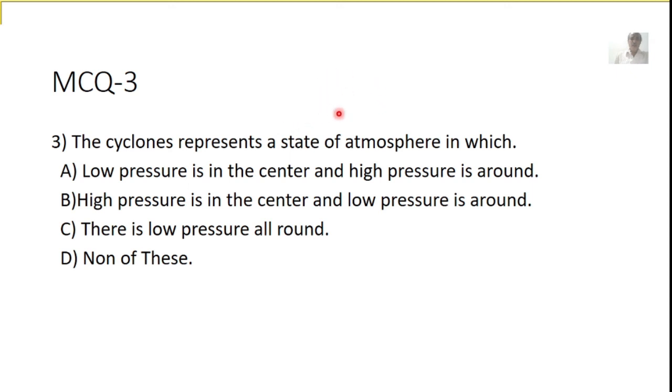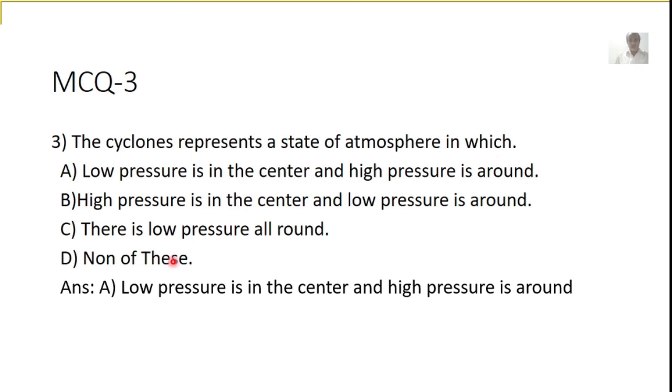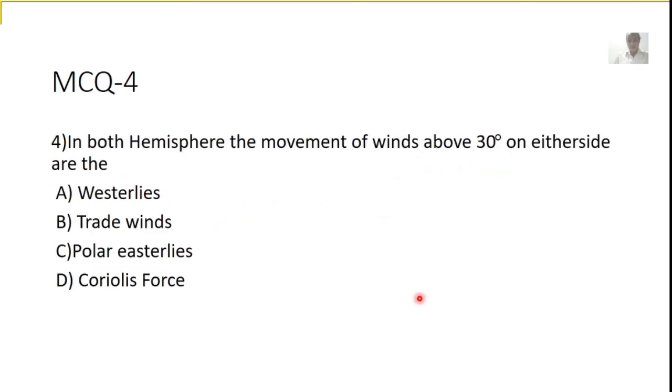Usually low pressure is formed over the surface of the deep sea. Air rushes from the high pressure region to the low pressure region due to the Coriolis force, which gets a spiral. That is the definition. So option A, low pressure is in the center and high pressure is around. This is the correct one. Our choice is A.